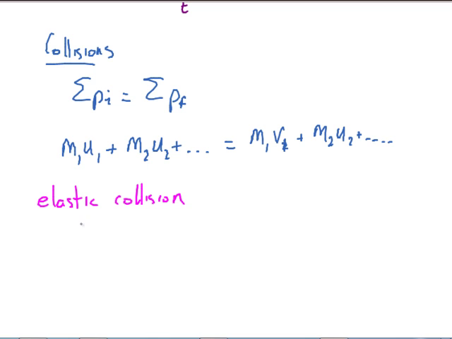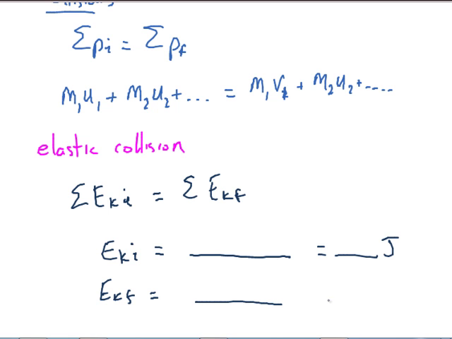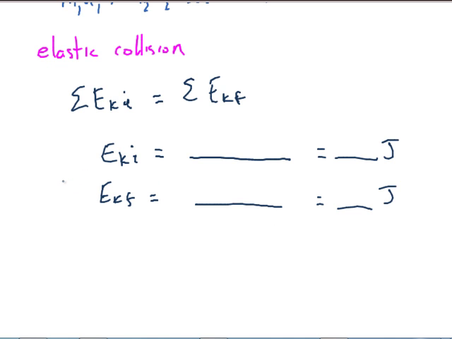What we need to look at is the sum of the kinetic energy initially versus the sum of the kinetic energy finally. So if I got given that question on my exam, how would I answer that? I'd do EKI equals and do my calculation to get my final value in joules. I'd say EK final equals add up each of your individual kinetic energies, give your answer in joules, and then your overall statement.